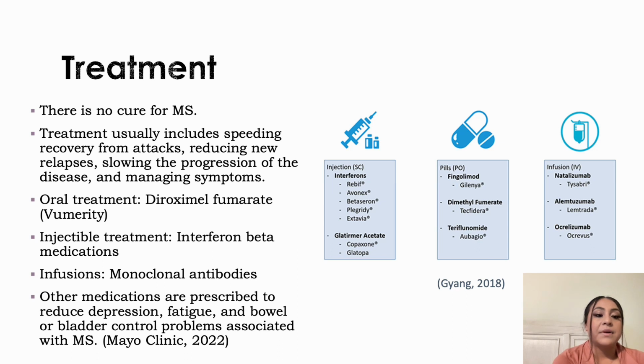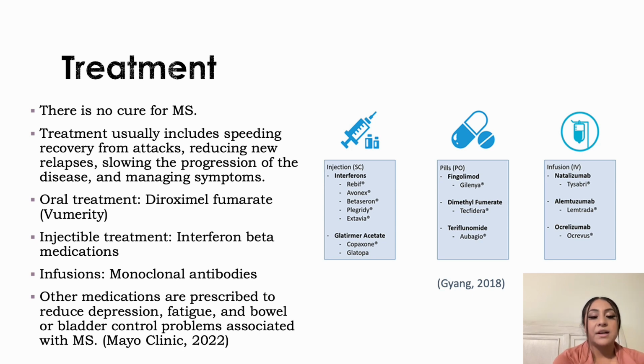And then they have an injectable treatment. It's called interferon beta medications. And infusions, usually they'd give them monoclonal antibodies, and they have different types of infusions that do have that type of antibody.